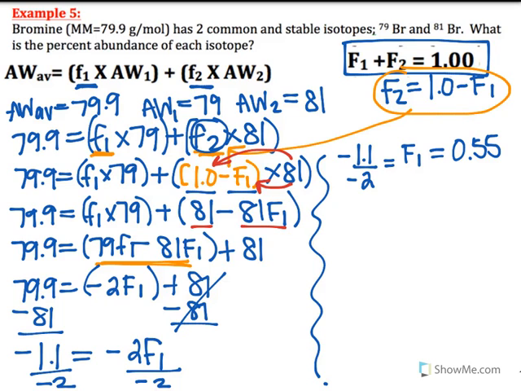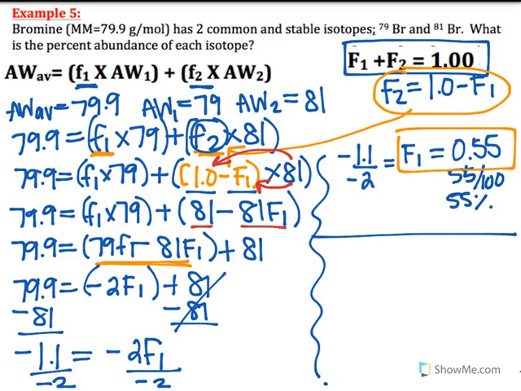Now this, remember, is the equivalent of 55 over 100, or 55%. Knowing F1 now, F1 equals 0.55, we can now solve for F2, again using our formula from Module 5.